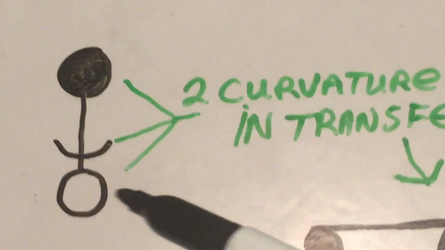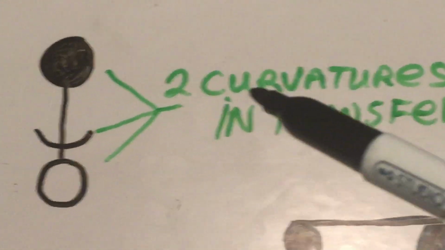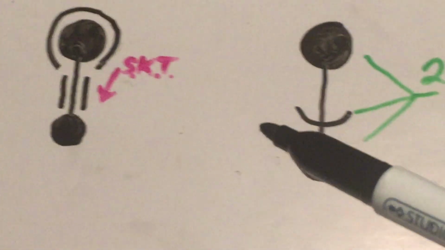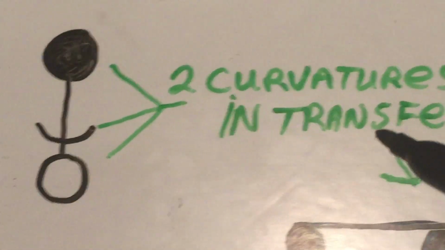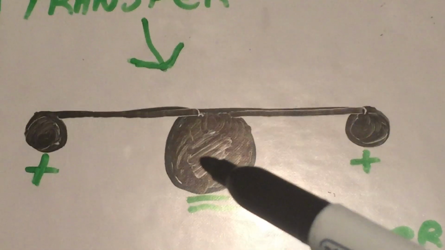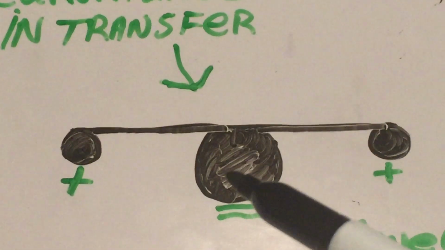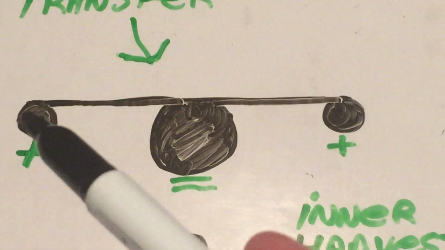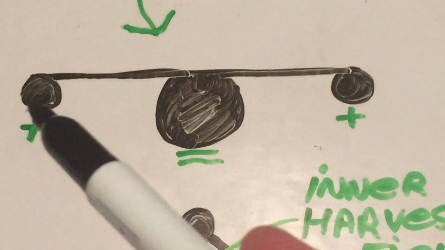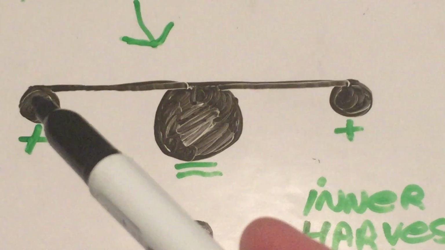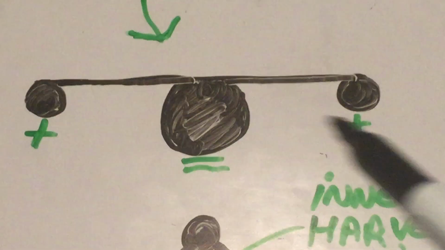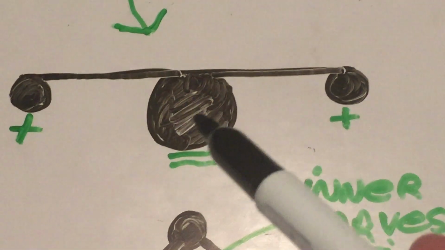Now the transfers of all these crop circles need two curvatures to achieve this, and I've spoken of those quite often. And now this crop circle here represents the two curvatures quite nicely. These two smaller circles here can be combined, plus this one equals this larger one.